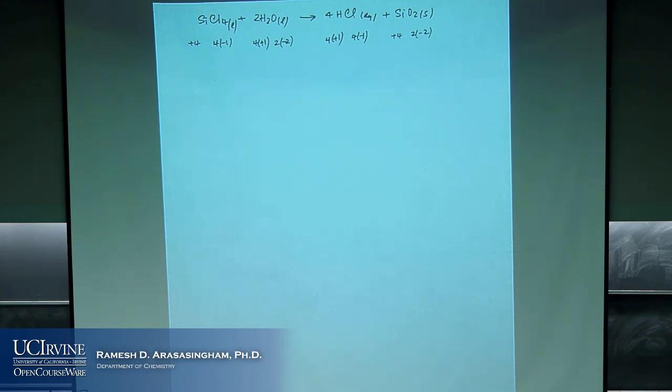All right, so what kind of reaction is this? Remember, it has to be either acid-base, precipitation, or oxidation-reduction. Look at the hydrogen atoms. Do you see hydrogen atoms moving from one to the other? Where does hydrogen start with water? Is the hydrogen moving away from water?